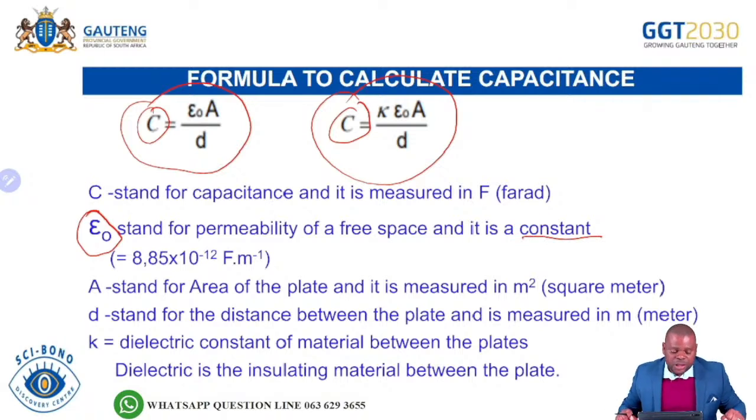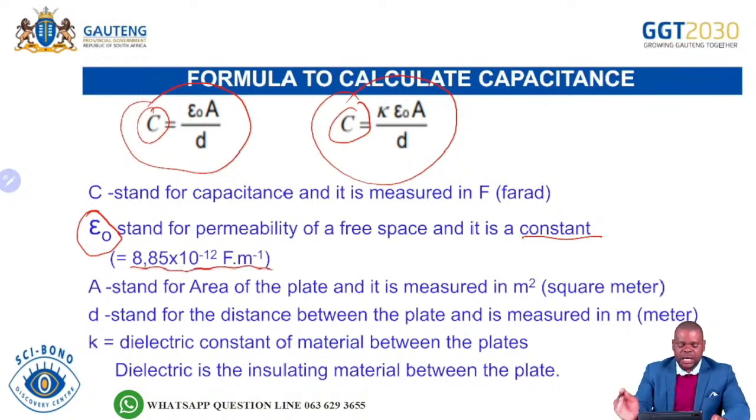Constant means it doesn't change. Whether it's Christmas day, Good Friday, Sunday or Monday, it always remains the same, 8.85 times 10 to the exponent negative 12. And it is measured in farad per meter. Are we together, grade 12?